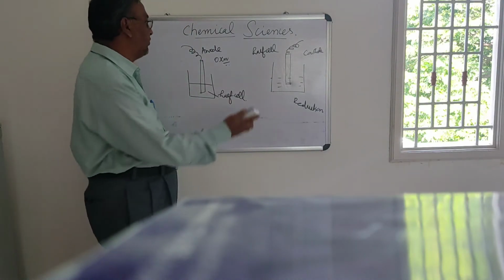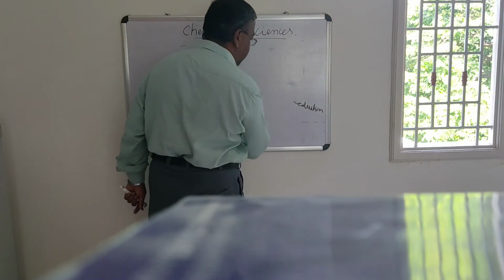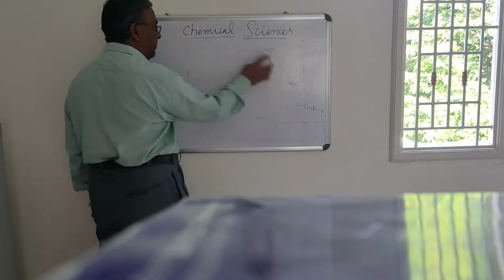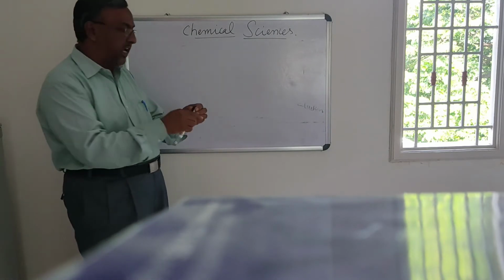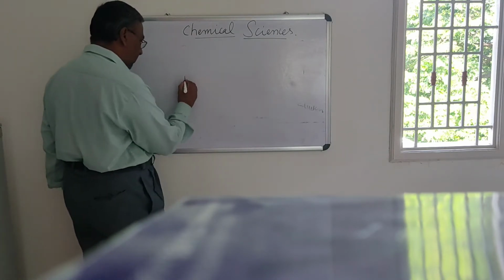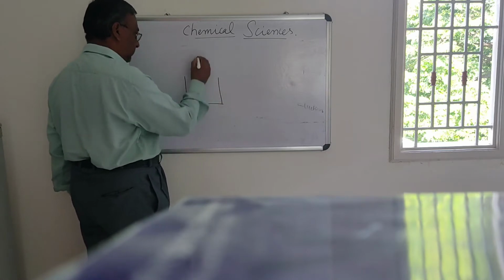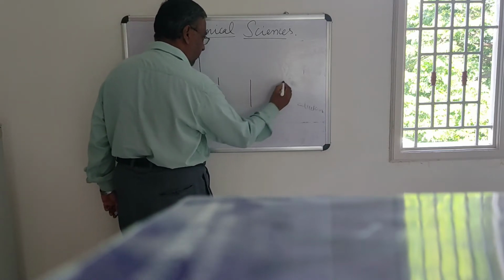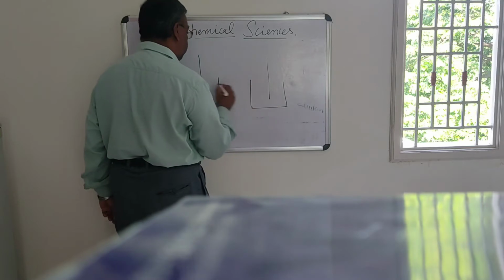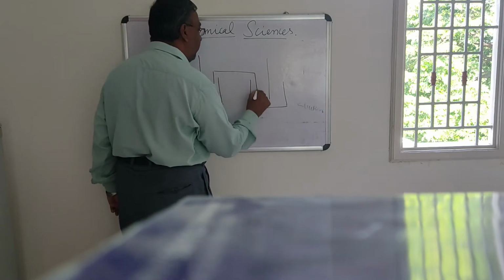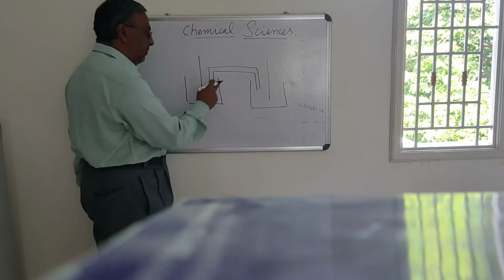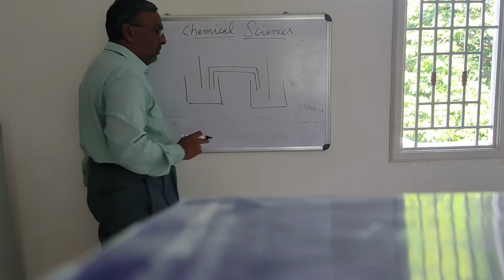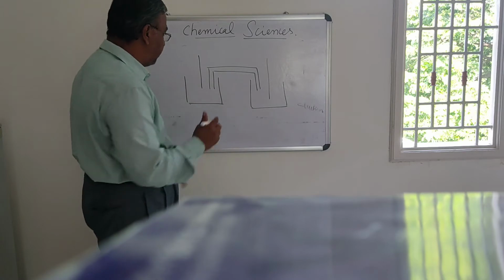What is actually a salt bridge? Salt bridge is an inverted U-shaped glass tube like this. These two electrolytes are connected by a device which is joining these two electrolytes.